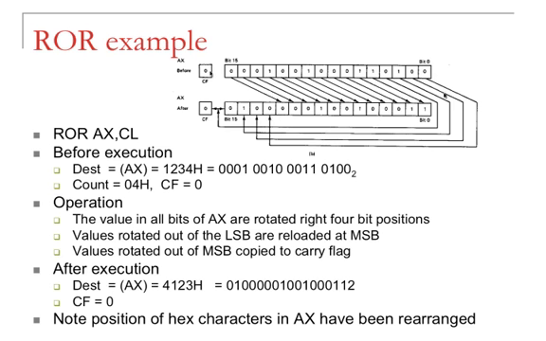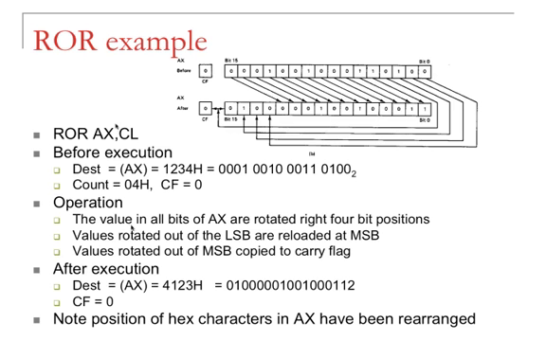Then bit 1 is now bit 13, bit 2 is now bit 14, and bit 3 is the new bit 15. And bit 3 is the last bit shifted out of the register, and that's the last value copied into the carry flag. So the carry flag now has the value, I believe, 0.